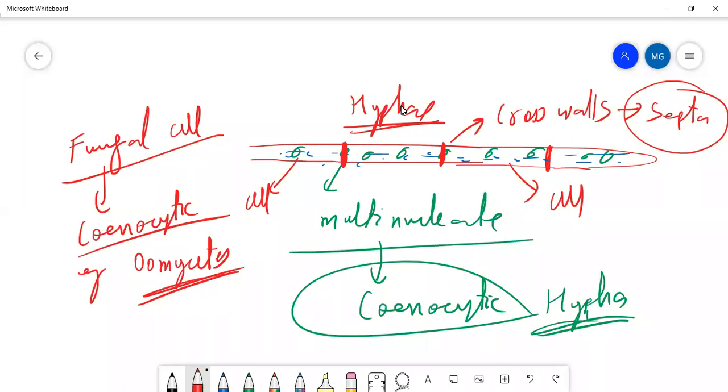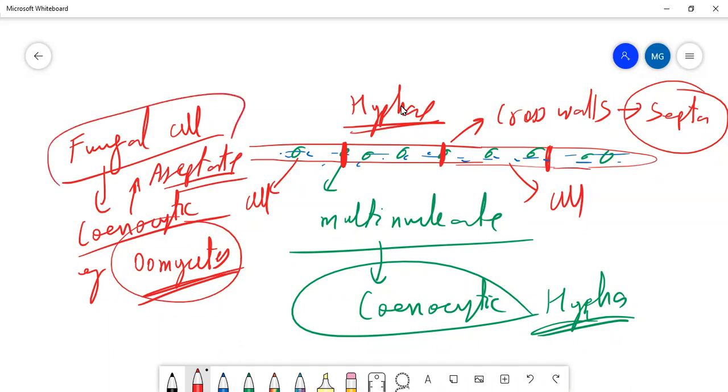If you look at the thallus of oomycetes, the hyphae are cenocytic and there is no septa. It is a continuous, multinucleate structure, and it is aseptate. Aseptate means no septa. Example is oomycetes.